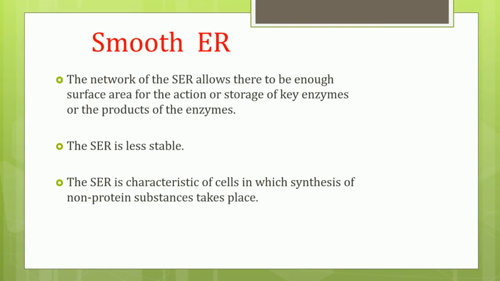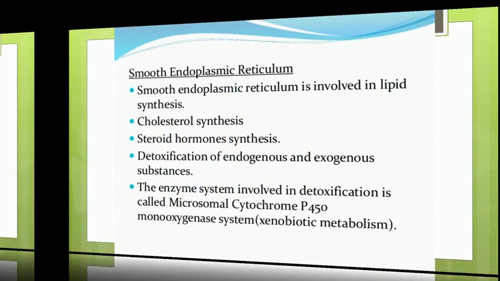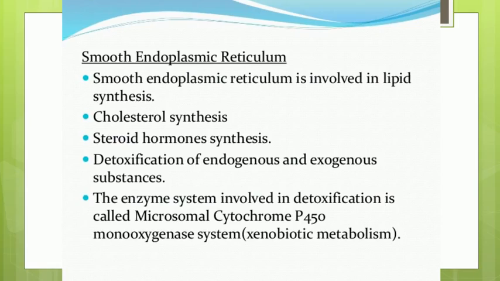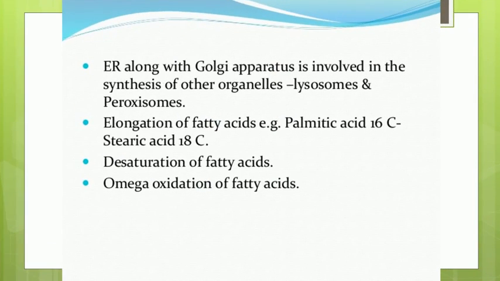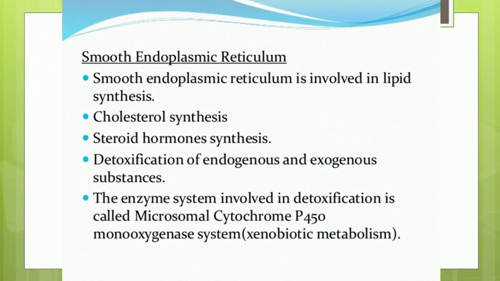So many of the important enzymes which are required in the cell are synthesized on the surface of or inside the smooth ER. Okay. Along with this lipid synthesis, we have different types of lipids like cholesterol. Those types of lipids are also synthesized in the smooth ER.